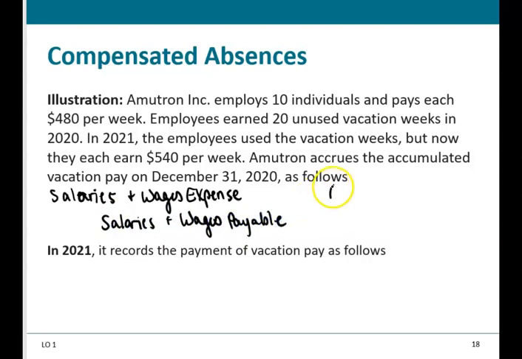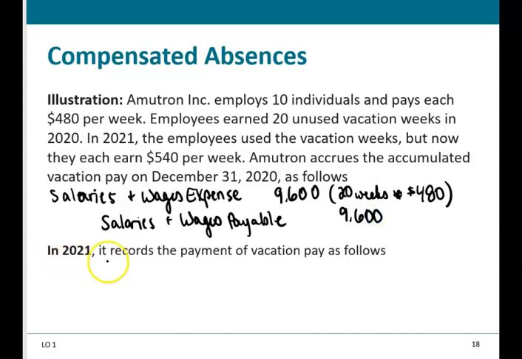And the amount of our journal entry is going to be the 20 weeks times the amount that the employee's salary in effect at the time when that vacation time is earned, $480 per week. So 20 times 480, 9,600. Debit salaries and wages expense, 9,600. Credit salaries and wages payable, 9,600.